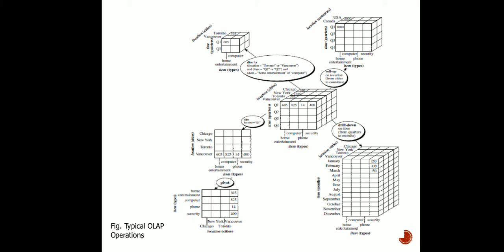Now if we have to roll up, just see what we are doing here. We are rolling up based on the city attribute. You can see there were 4 cities: Vancouver, Toronto, Newark and Chicago. Rolling up means that instead of focusing on the city, we try to fetch the value with respect to countries.